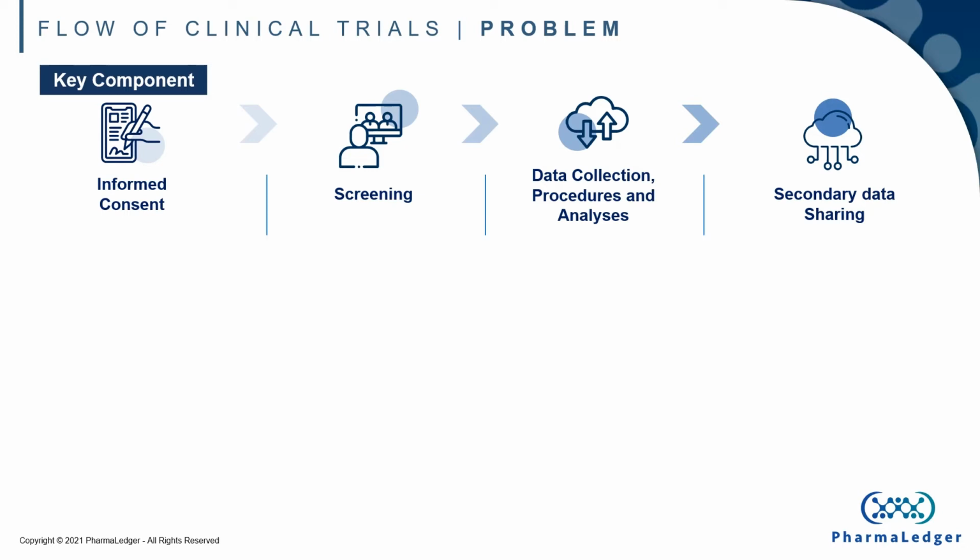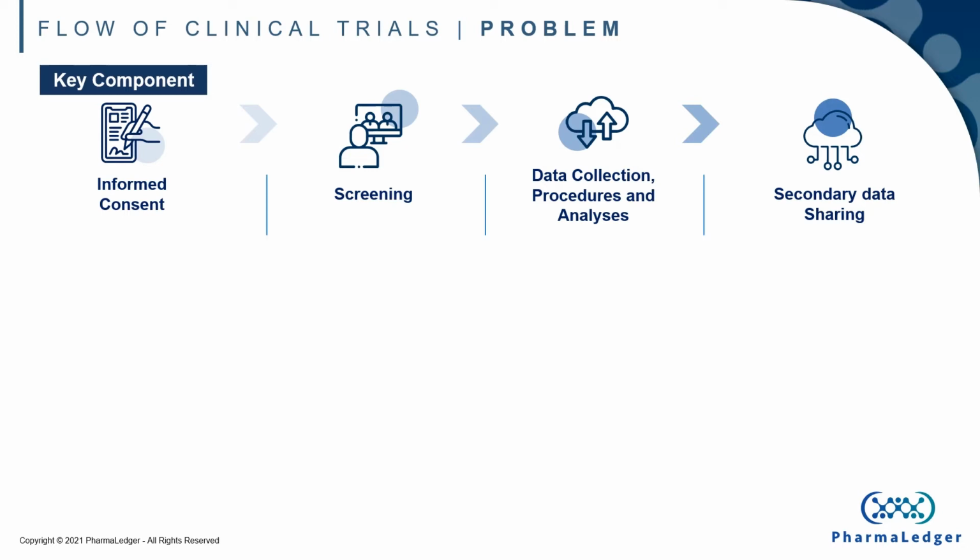After the informed consent form has been signed, the patient then gets screened to confirm their eligibility. Their data gets collected and evaluated in relation to what the trial is checking. Then it gets shared with only the appropriate permission users that are participating in the study.